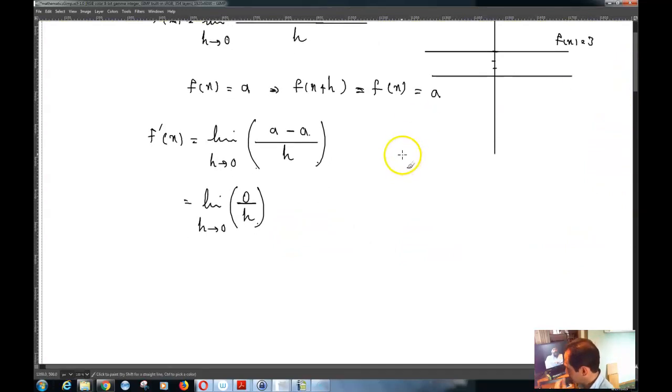Of course this is going to be equal to 0, as h is not equal to 0.